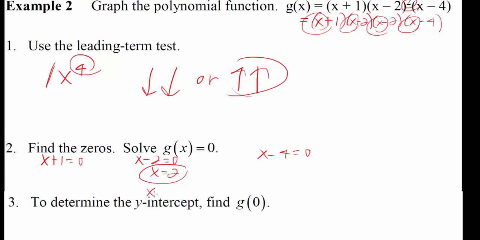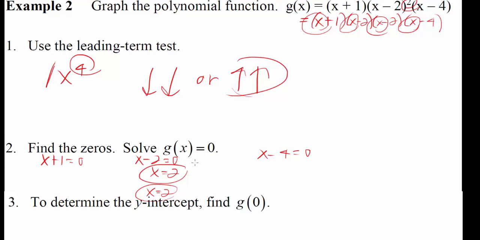Whenever my multiplicity is even, that means instead of crossing through the axis at x equals 2, it's sort of just going to touch it and move another direction.